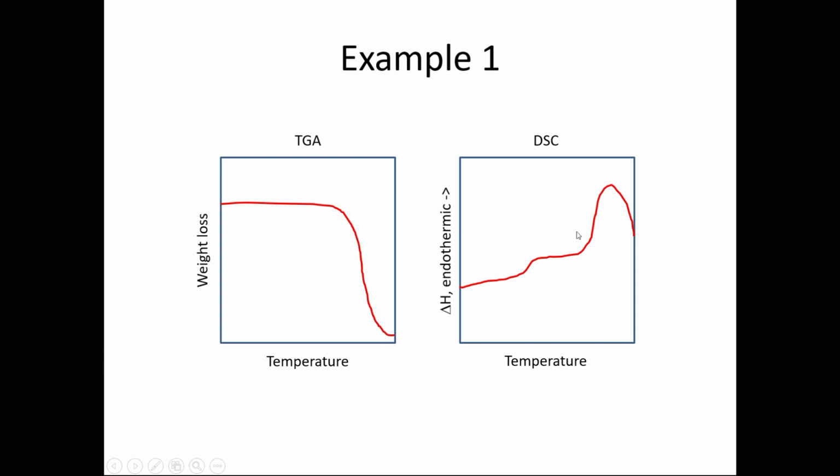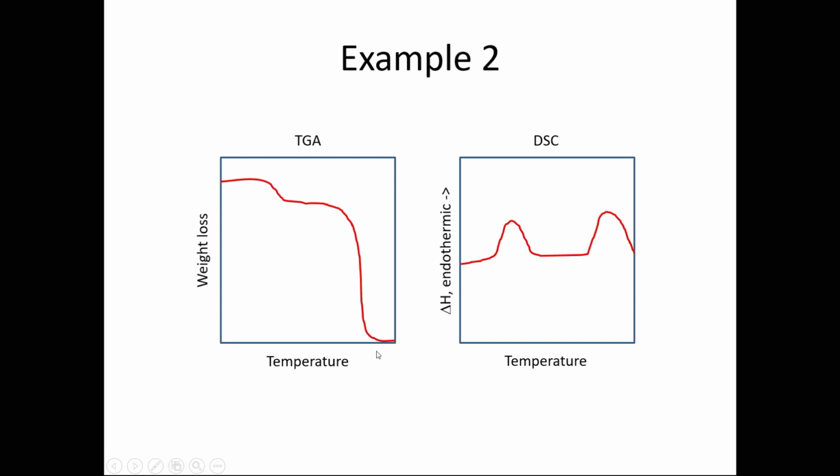These phenomena correspond to each other, because decomposition takes energy in order to decompose, and we see this energy being taken up by the sample on DSC, and we have the confirmation from TGA that the sample decomposes.